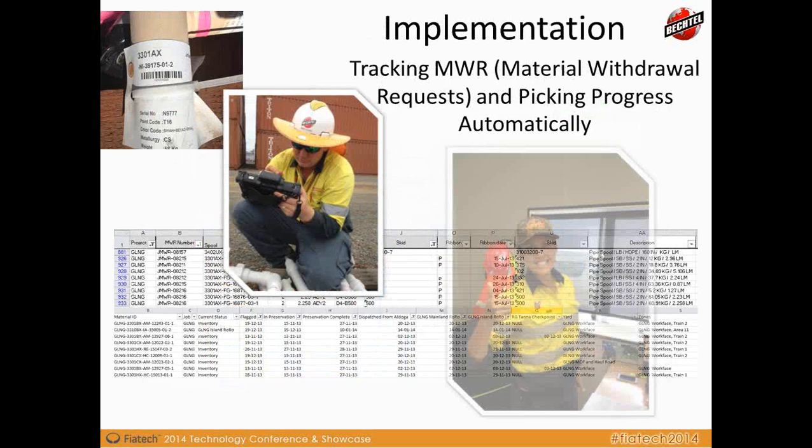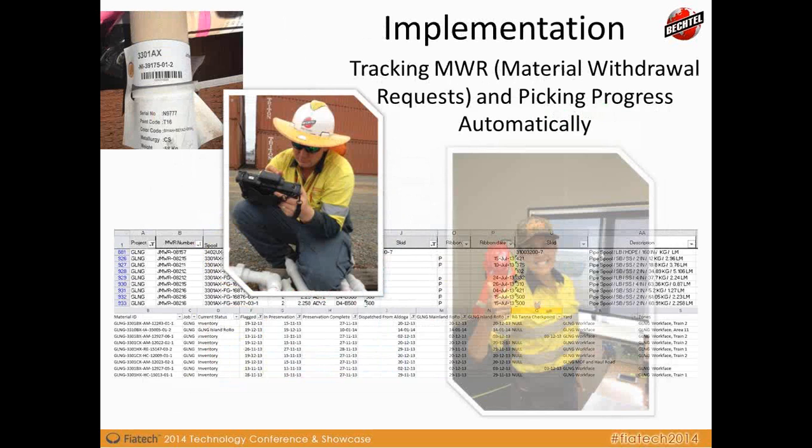Okay, so the MWR process that I talked about, material withdrawal, is a field-based construction process for requesting material to be withdrawn from the laydown yard and moved to the installation location. This has been a manually driven paper process, which requires a whole load of manual intervention.